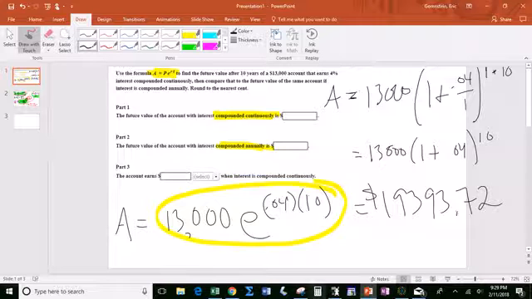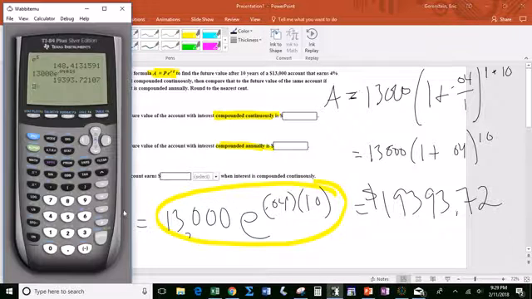We can pop that into the calculator exactly as it's given. 13,000 parentheses 1 plus 0.04 close parenthesis, and we'll raise that to the power of 10.